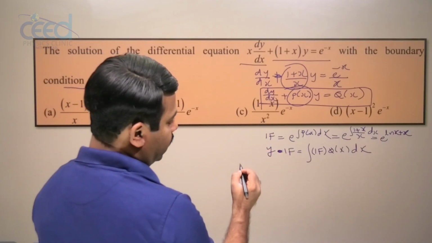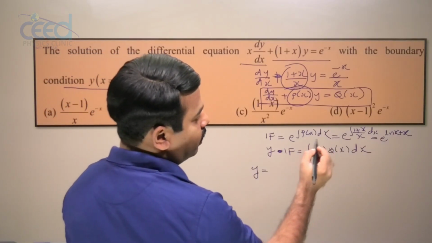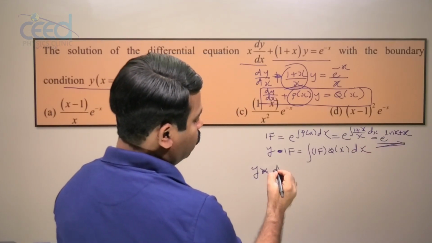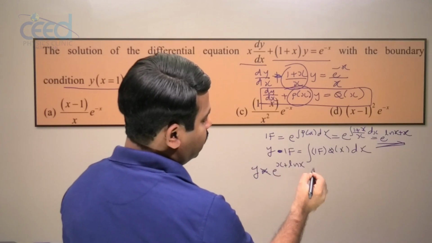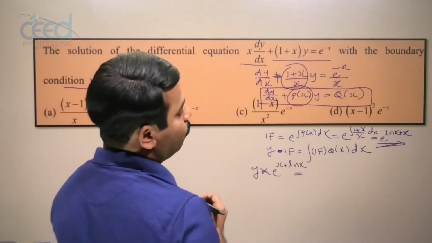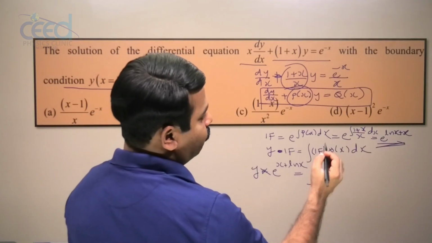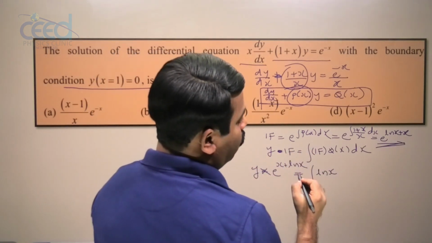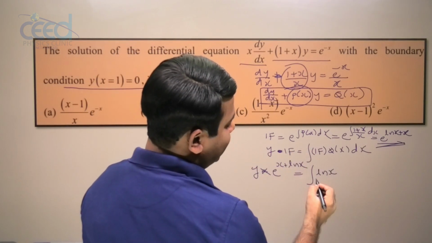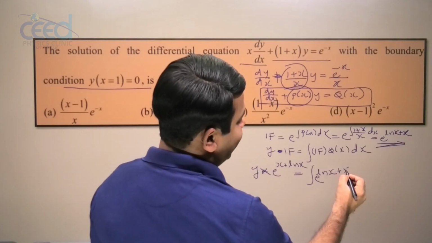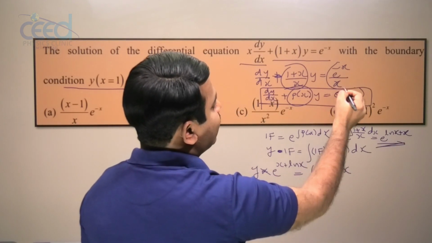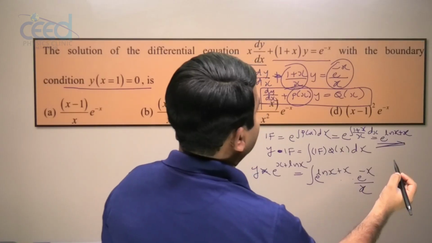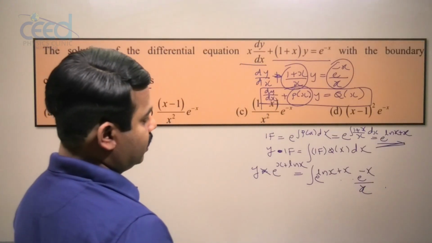Now we can substitute that here. y into the integrating factor, which is e raised to log x plus x, equal to the integrating factor into q of x, that is e raised to log x plus x into e raised to minus x by x, integrated.